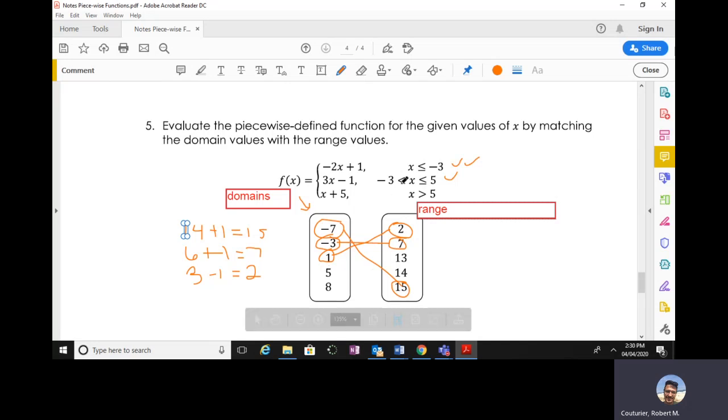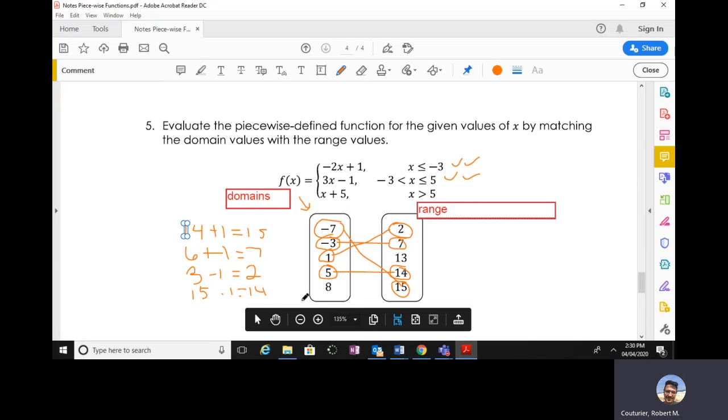Now we have to look at 5. Is 5 included here or here? Again, this symbol here is what's telling you it's included. So it's in the first one. Well, 5 times 3 is 15. 15 minus 1 equals 14. So 5 goes to 14.